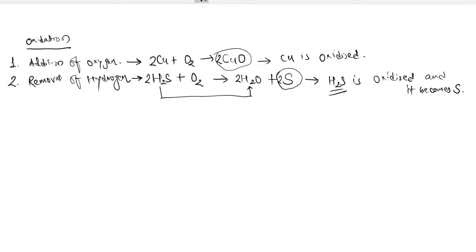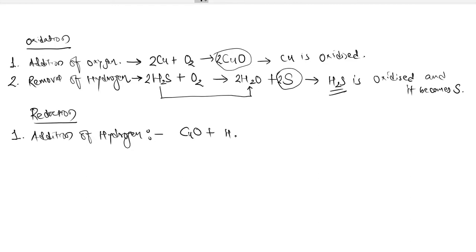Okay. Next thing is reduction. What is reduction? Reduction is addition of hydrogen. Okay, let's take an example. CuO plus H2 gives H2O plus Cu.